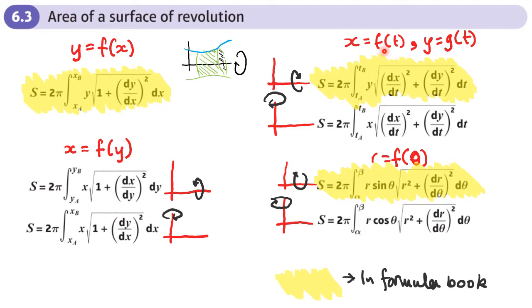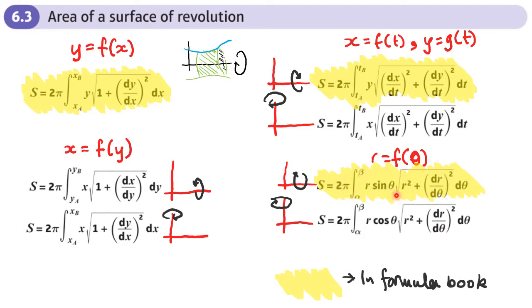If we have a parametric equation, then we can use this form if it's rotated around the x-axis, this form if it's rotated around the y-axis. This one around the y-axis is not given in the formula book, but you can see it's easy to derive. We just swap that x with y. If we've got a polar equation, then this one's given in the formula book.